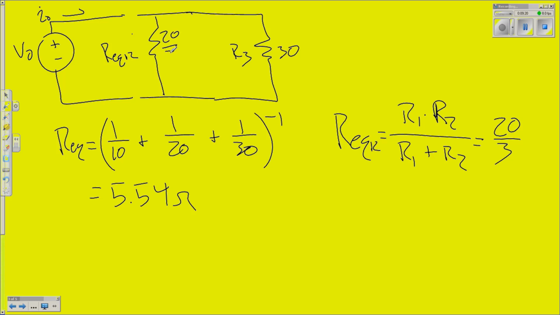And this is equal to 20/3. So now, to get back to total REQ, I just do the same with R3. So I take REQ 12, 20/3, times 30, put it over 20/3 plus 30.